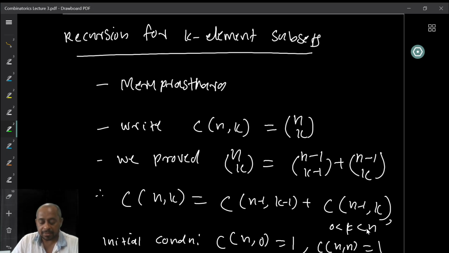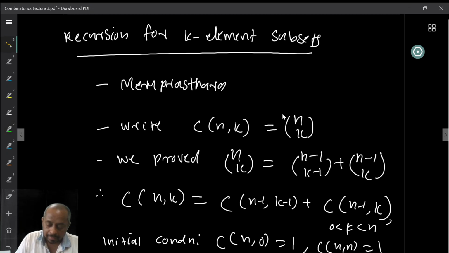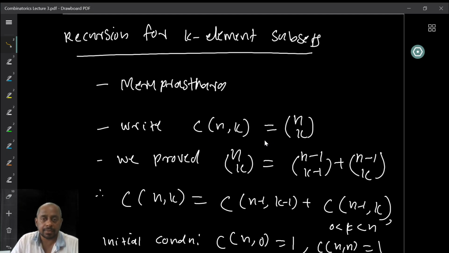Let us say the number of k element subsets of an n element set is denoted by C of n comma k, just for writing it as a recursive relation. So C of n comma k is precisely n choose k, the number of k element subsets of an n element set.